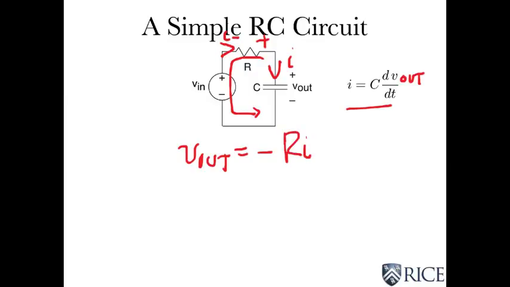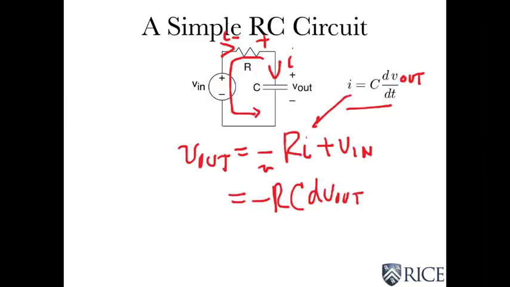Okay, from the VI relation, current's going in the negative side, not the positive side, we have to flip the sign. Plus V in. Well, now I'm going to substitute for I in there, and we get minus RC dV out by dt plus V in.